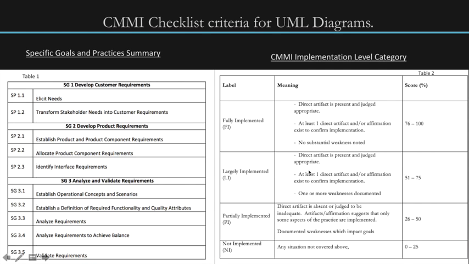If it's largely implemented, then the score is between 51 and 75. If it's partially implemented, then the score is between 26 and 50, and so on.